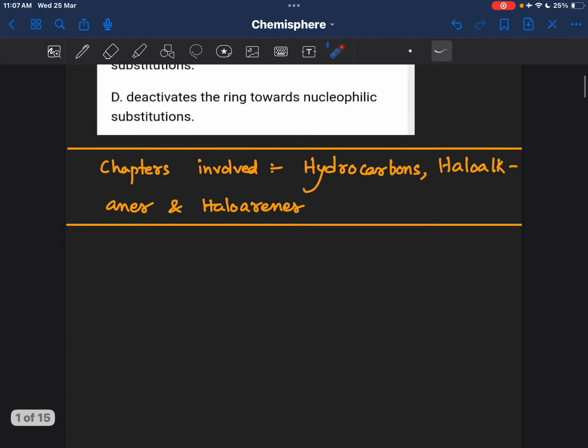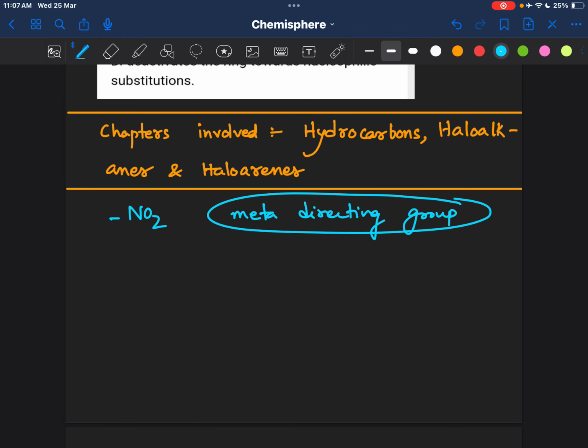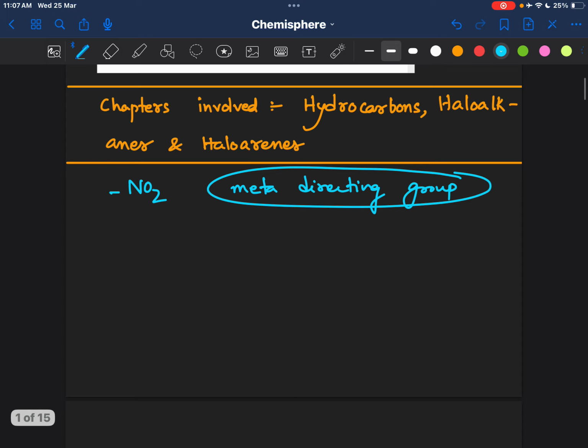Cool. So we should also know a few things about NO2: that NO2 is a meta directing group, and it is also an electron withdrawing group.